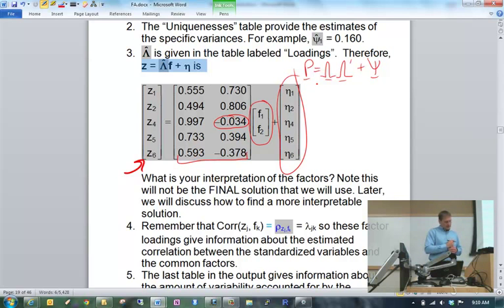And so this is what we use in the process of maximum likelihood estimation in order to come up with estimates for the lambdas and also for the psi 1 through psi p, the specific variances.